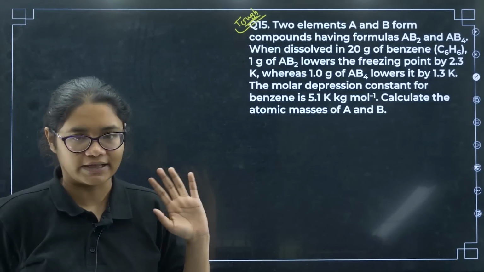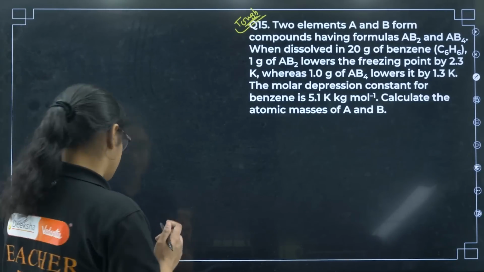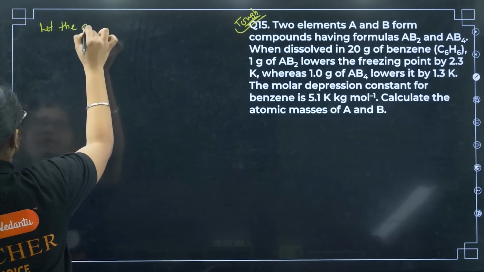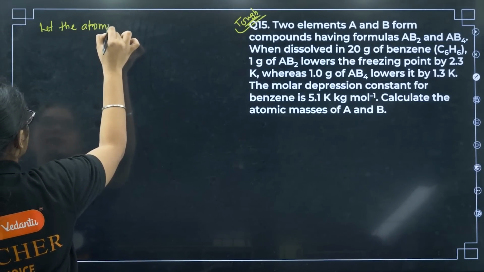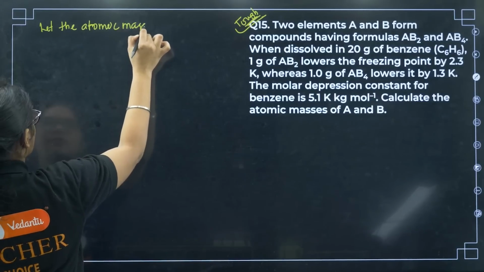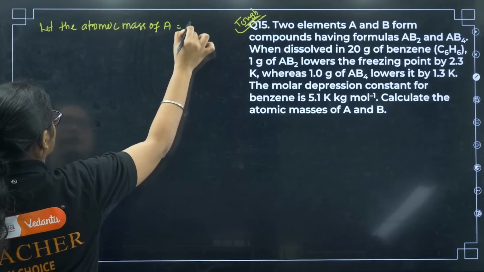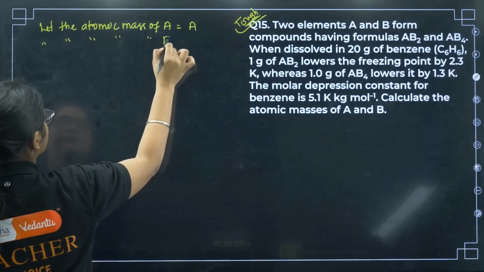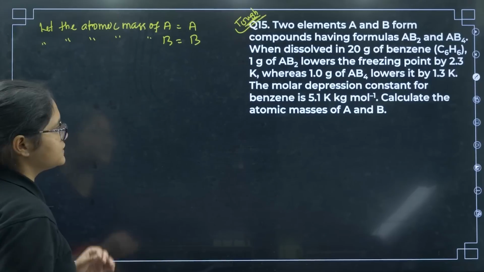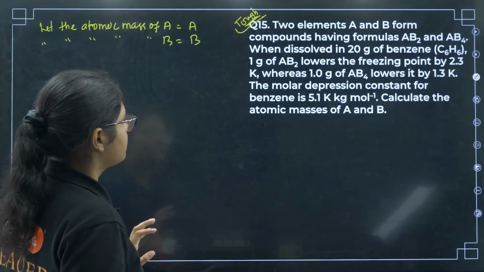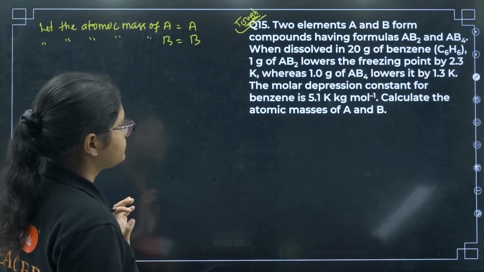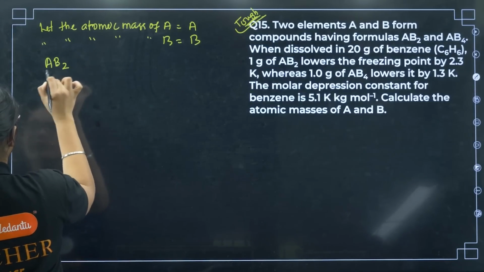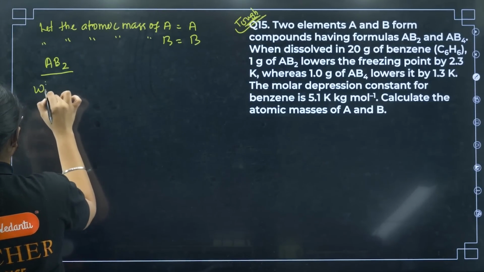So here we have two cases. First, let the atomic mass of A be A, and let the atomic mass of B be B. Next I'll talk about AB2. What is the weight of AB2?